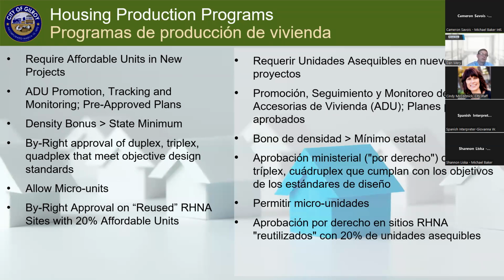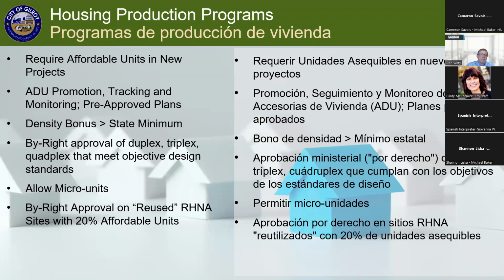And there's a number of different ways we can help promote and facilitate ADU production. It's a really good way to support the existing household and provide housing for low-income households and small households that might not otherwise be met. And it's also a good way to provide housing for students, by the way.